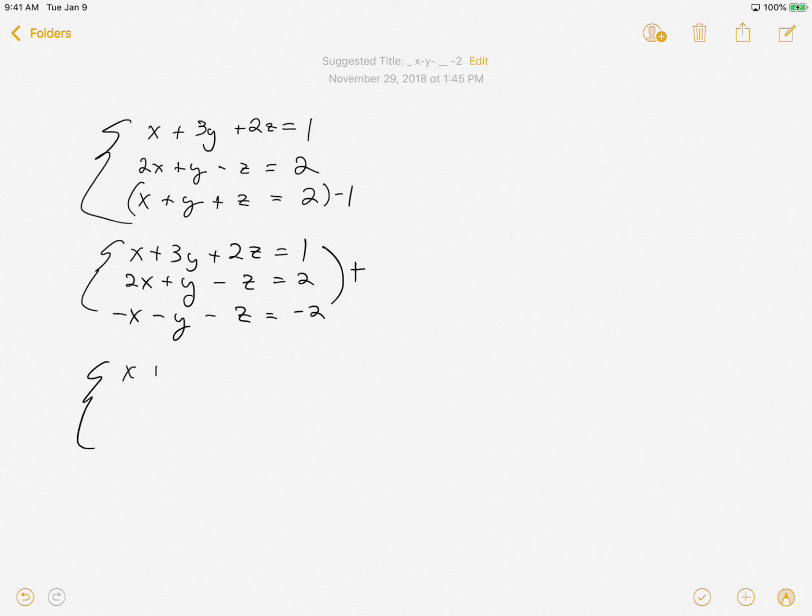So in the next step, doing nothing to the top equation, doing nothing to the middle equation. Okay, now we're getting rid of the x on that third one, so it goes away. Then I get 2y, and then I get plus z equals -1.